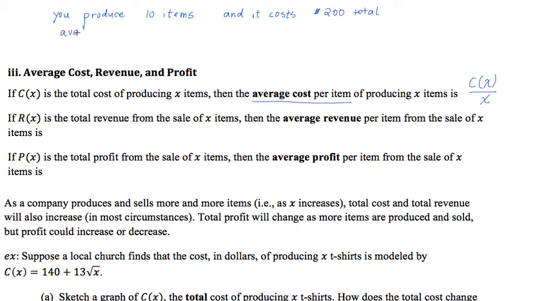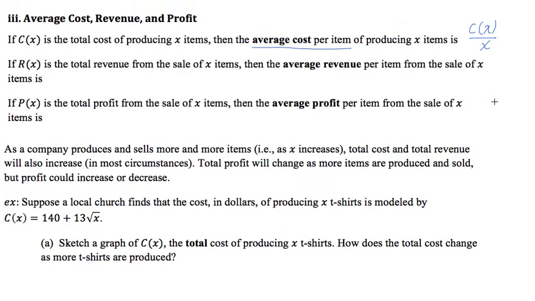So what we're talking about is the average cost per item. It's your total cost divided by the number of items you produce. So if you produce 10 items and it costs you $200 total, your average cost per item would be $200 divided by your 10 items, so it would be $20 per item. Okay, that's total cost divided by the number of items that you produce.